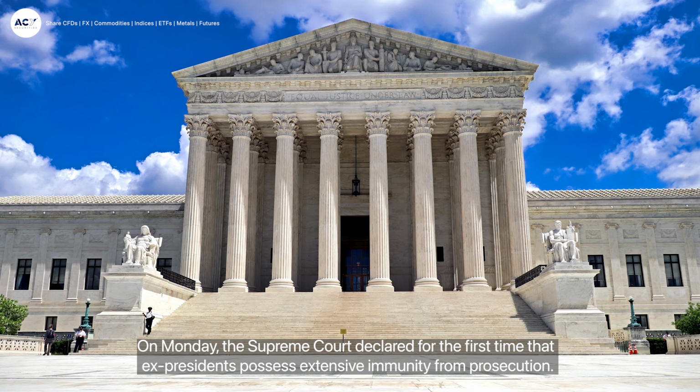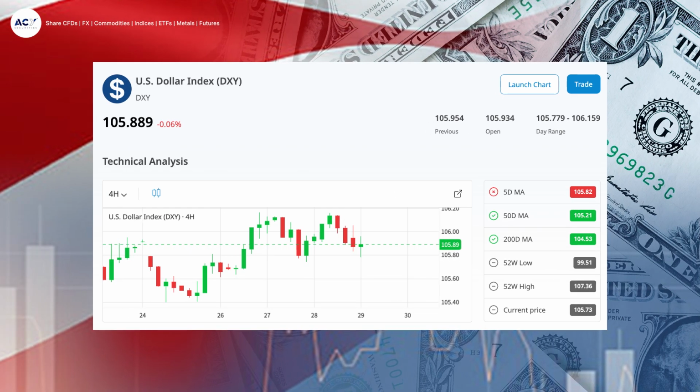The justices voted that the former president is shielded from prosecution for some official acts taken while in office. Basically, there are hopes that Trump will be able to get elected. This made the market very happy and the US dollar got strong.